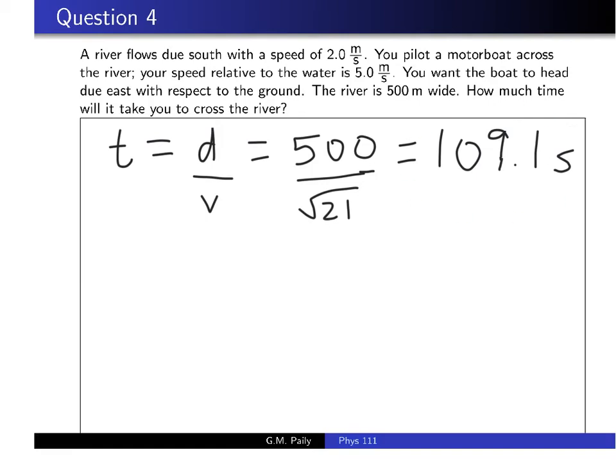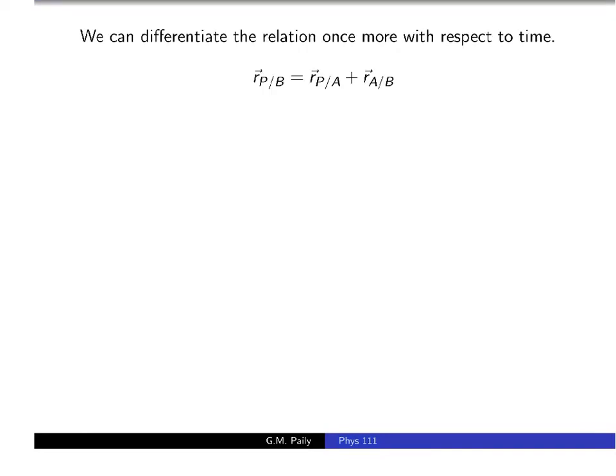Let us now return to the various equations for relative position and relative motion. We start with the equation for relative position and differentiate it once again to get an equation for relative velocity. If we differentiate it one more time, we get a relation between accelerations.